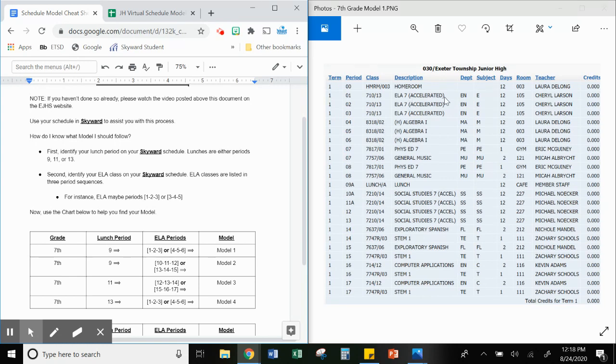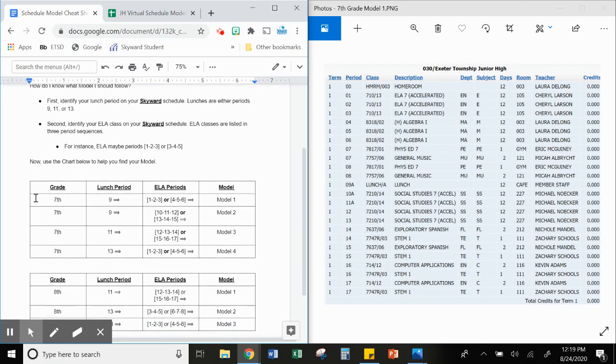In the schedule on the right-hand side, you will see that ELA is scheduled periods 1, 2, and 3. Okay, so we now know that we have a period 9 lunch, and ELA periods 1, 2, and 3. If you look at the chart, this is 7th grade Model 1, so 7th grade student, lunch period 9, ELA periods 1, 2, and 3, which means they are going to be a Model 1 student.